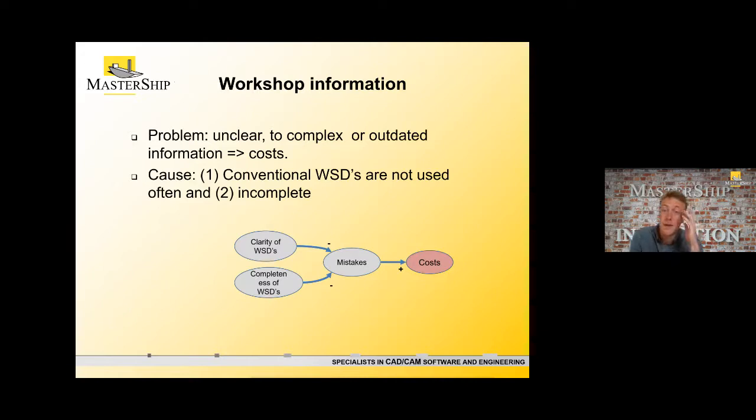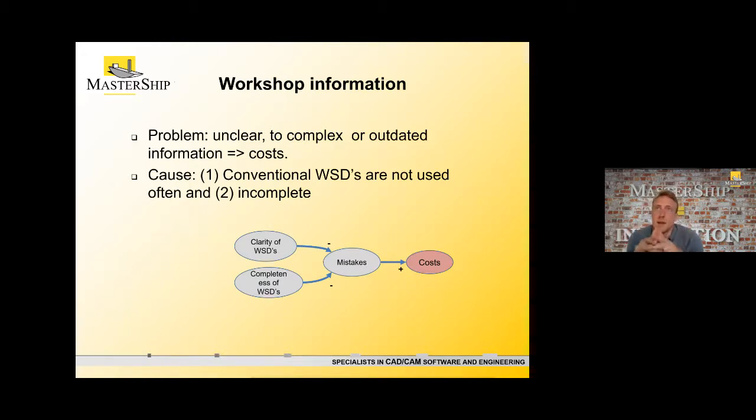That's simply because workshop drawings are in 2D, while the 3D information can be very relevant. Maybe you want to see the longitudinal girder crossing this transverse floor or bulkhead. But that simply is not in your 2D drawing, so they are incomplete as well. And also, you cannot provide all the information in your drawing because it will sort of explode with all of the information in it, and it will surely not make it more clear.